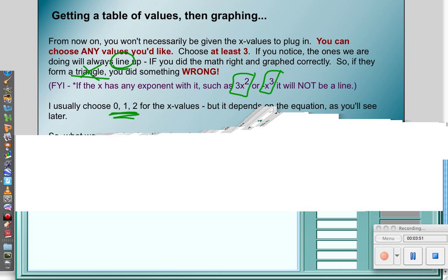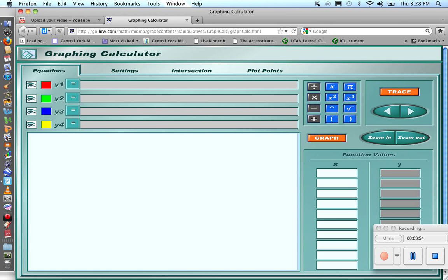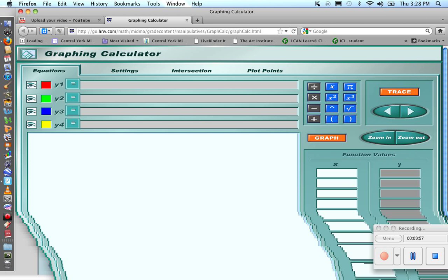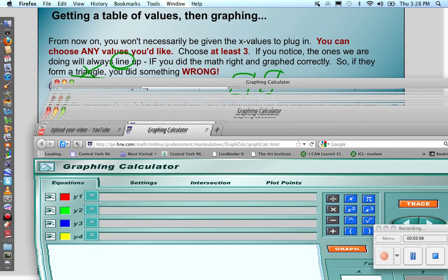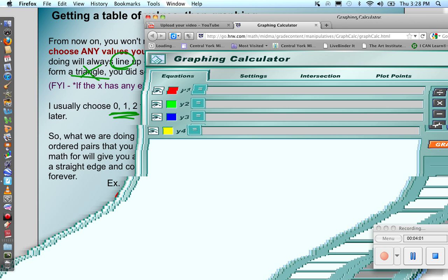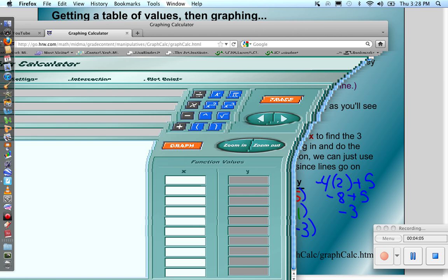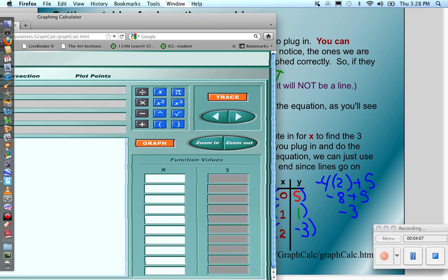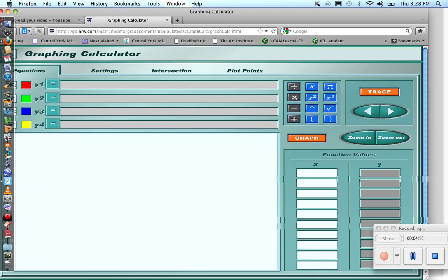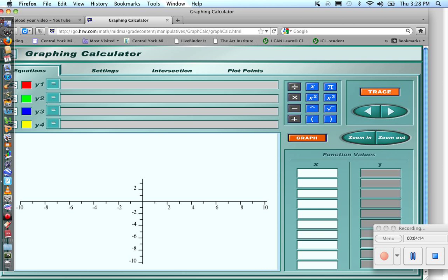Okay, so online there's this graphing calculator, and I'm not sure if I'm going to be able to, ooh, I can, to see which values I just plugged in. I think we had the points 0, 5, 1, 1, and 2, -3. So let me go to my graph.